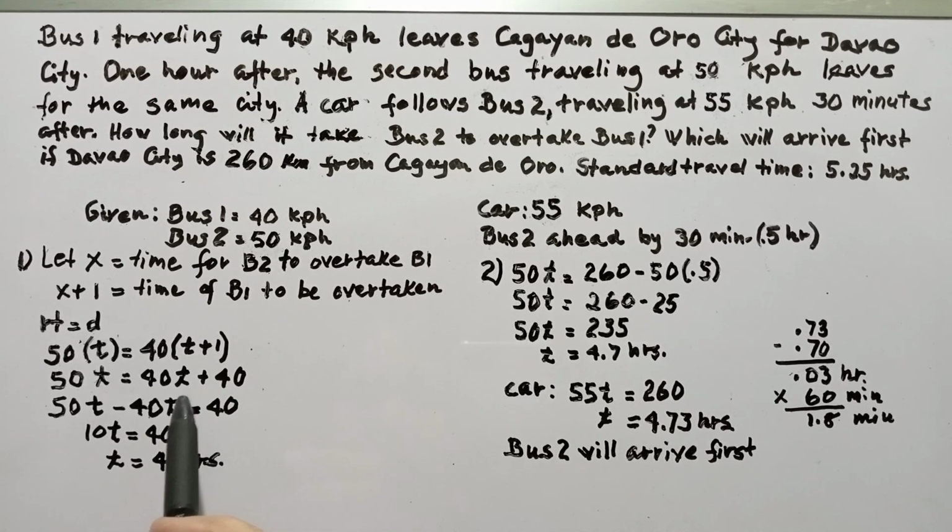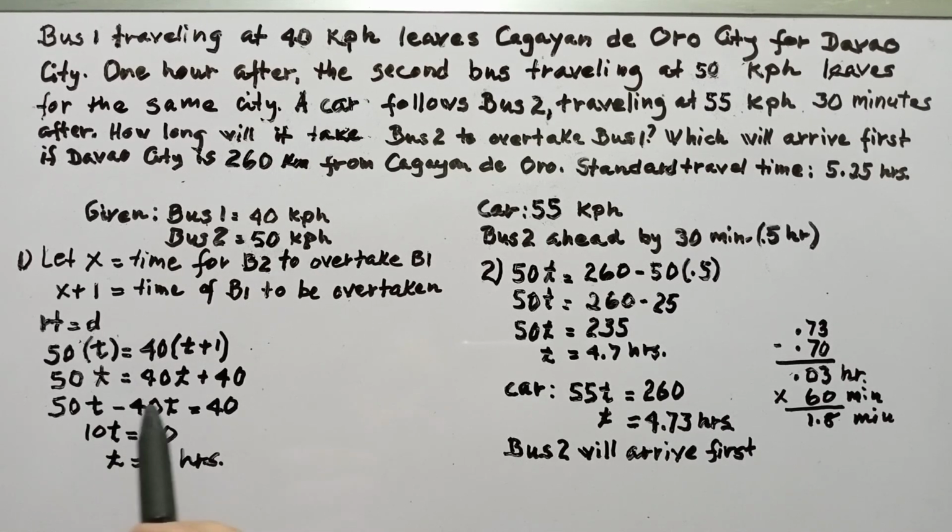Now, we know that we have to group the same terms or the same numbers. So, we will transpose 40T to the left side. That's why that becomes negative 40T.